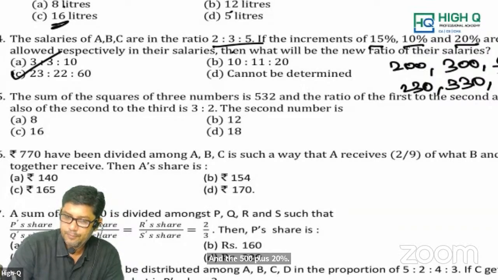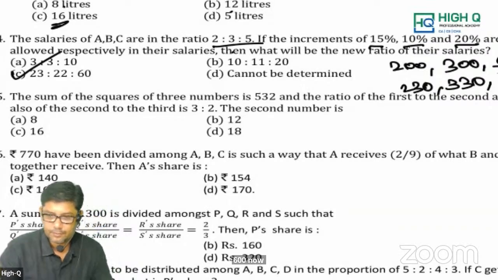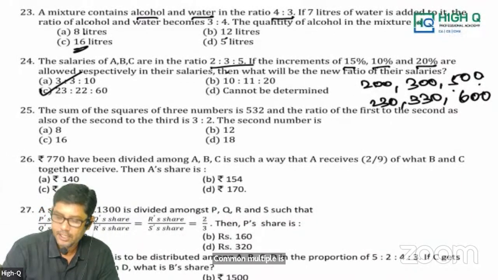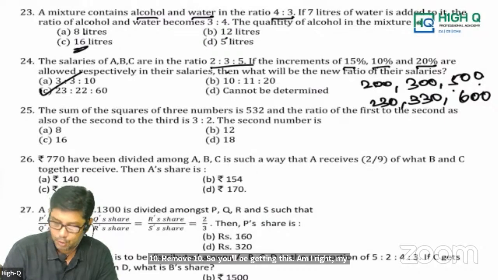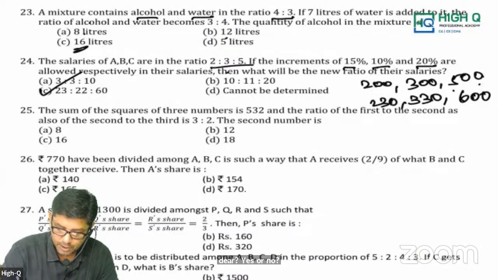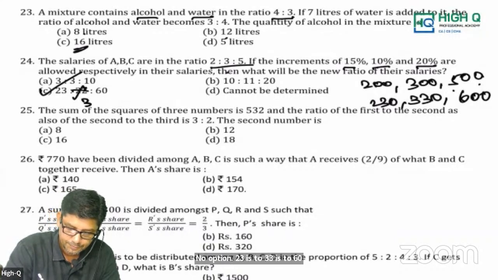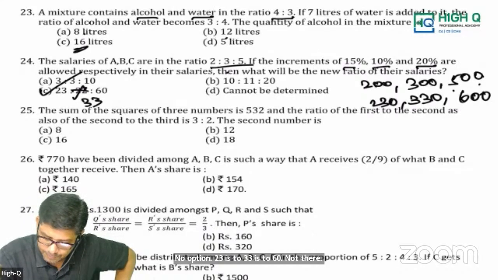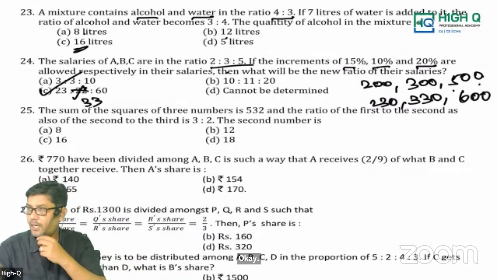Now, common multiple is, what is common multiple, my dear? 10. Remove 10. So you will be getting this. Am I right, my dear? Say yes or no? 23 is to 33 is to 60. Not there. Okay. Correct only, no? Correct only.